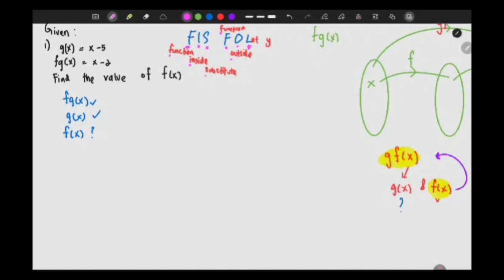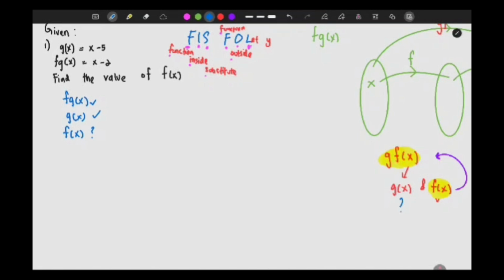So you need to know how to differentiate FIS and FOL. What do I mean by inside and outside? It means the function inside is the one you should substitute. What to substitute? Later I'll explain. The function outside you should let Y. Later I'll explain that also.